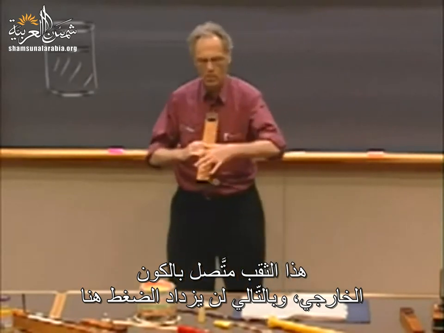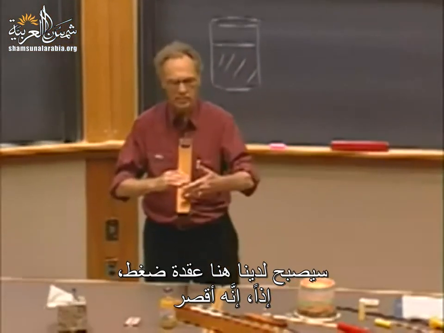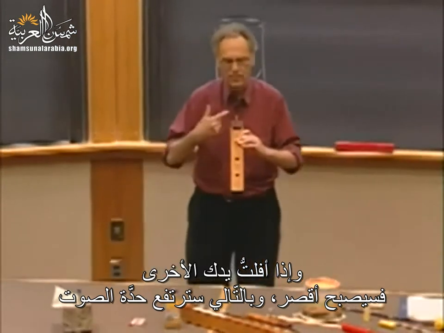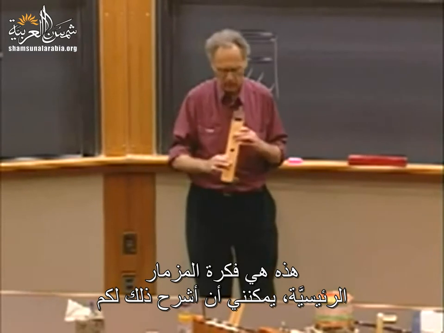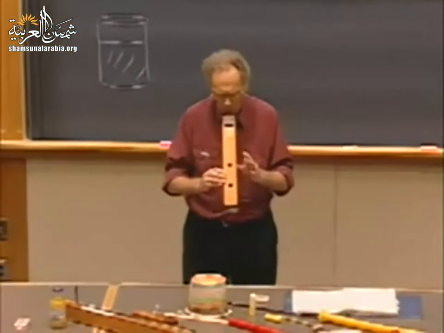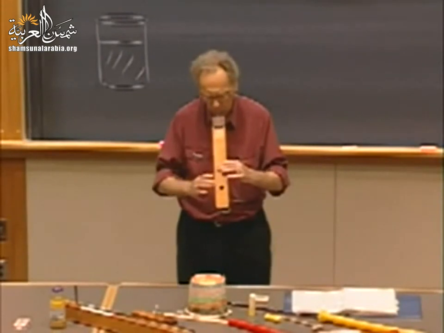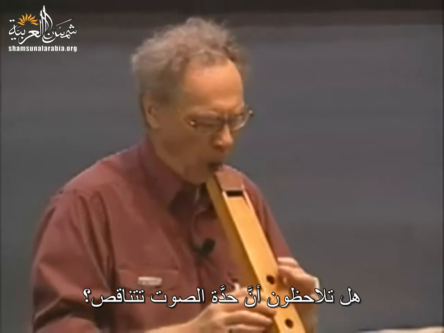So here no pressure can build up, so this becomes a pressure node, so it's shorter. And if you take this one off, it's even shorter, and so the pitch will go even up. That's the basic idea behind a flute. And I can demonstrate that to you. You hear the pitch go down?